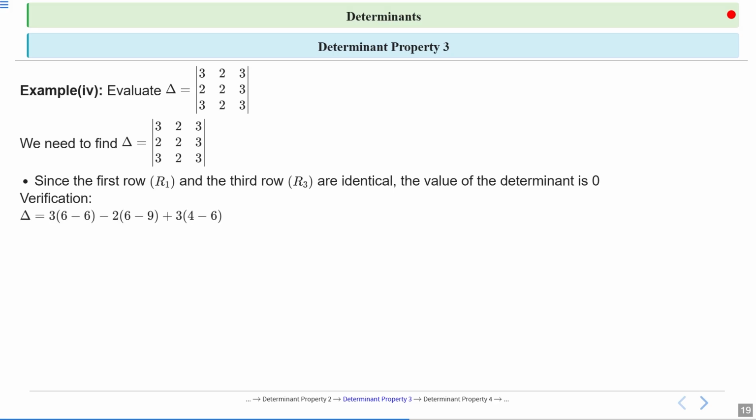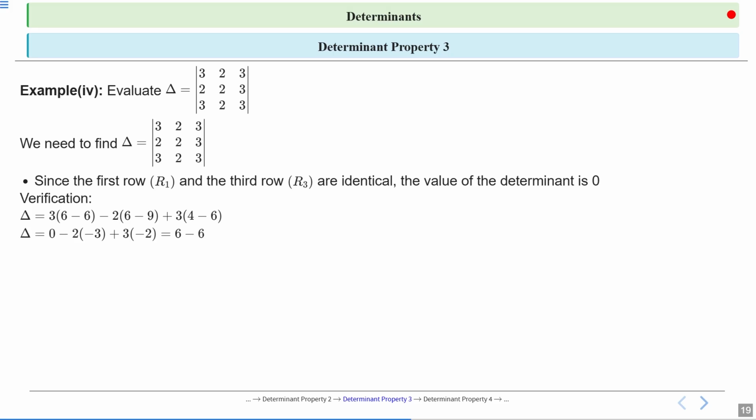Just expand it along R1. We get 3 into the determinant of matrix 2, 3, 2, 3, that is 6 minus 6. Then minus sign, then 2 into the determinant of the matrix, just cancel the second column and first row, we get the matrix 2, 3, 3, 3, that is 6 minus 9, plus the third element into the determinant of the matrix, just cancel the third column and first row, we get 2, 2, 3, 2, and the determinant of 2, 2, 3, 2 is 4 minus 6.